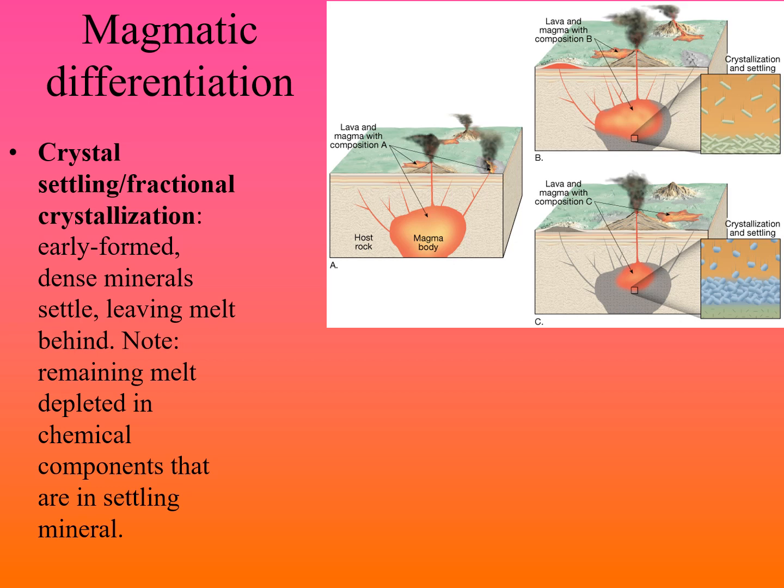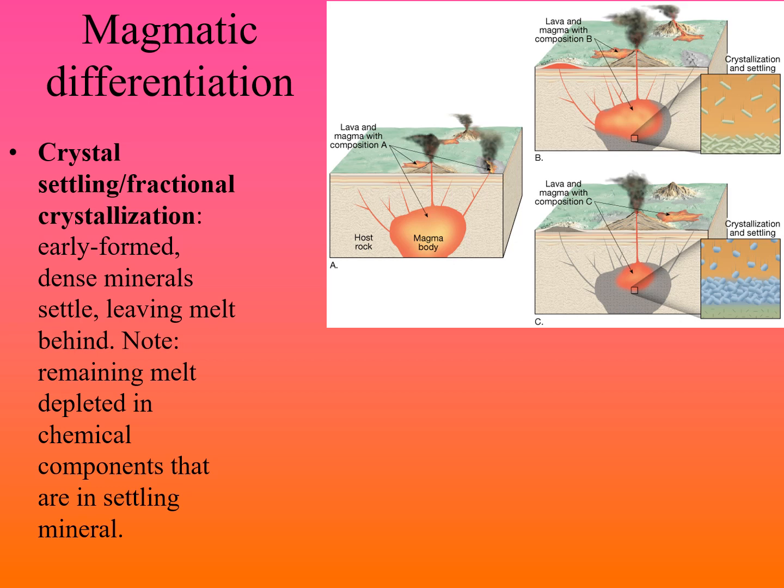They're denser, so they form early, and they sink to the bottom of a magma chamber, and they leave behind a magma that's increasingly more felsic, or increasingly high in silica, oxygen, and aluminum, and less so in the denser elements like iron and magnesium.